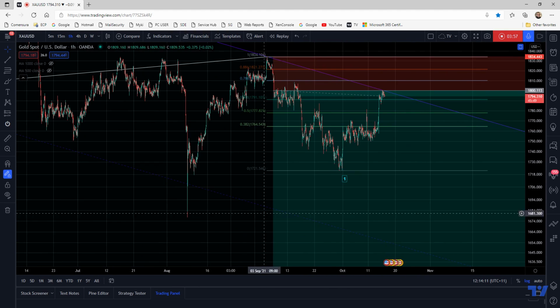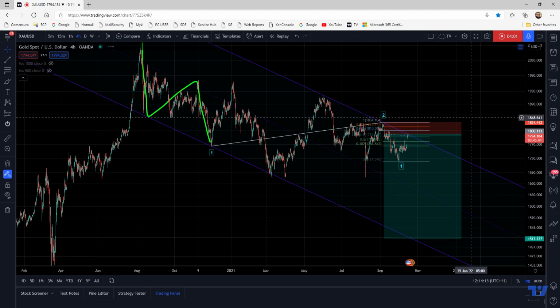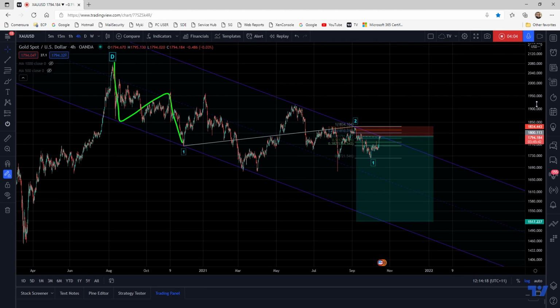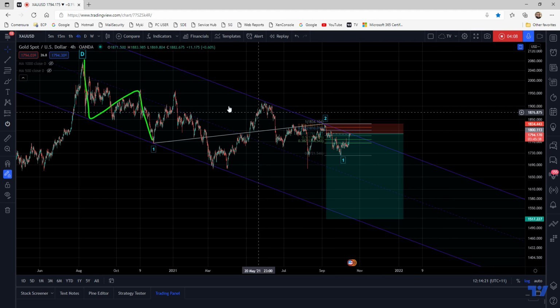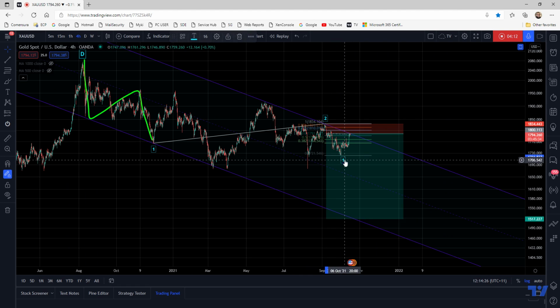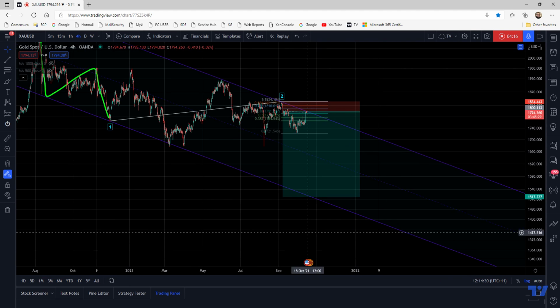And where are we going to target? That's probably the question you would be asking. Now, it's not very easy to determine exactly how far this will drop. However, I would assume that because it's a wave 3. Now, don't get that mixed up with what's actually going to be a wave 3, right?